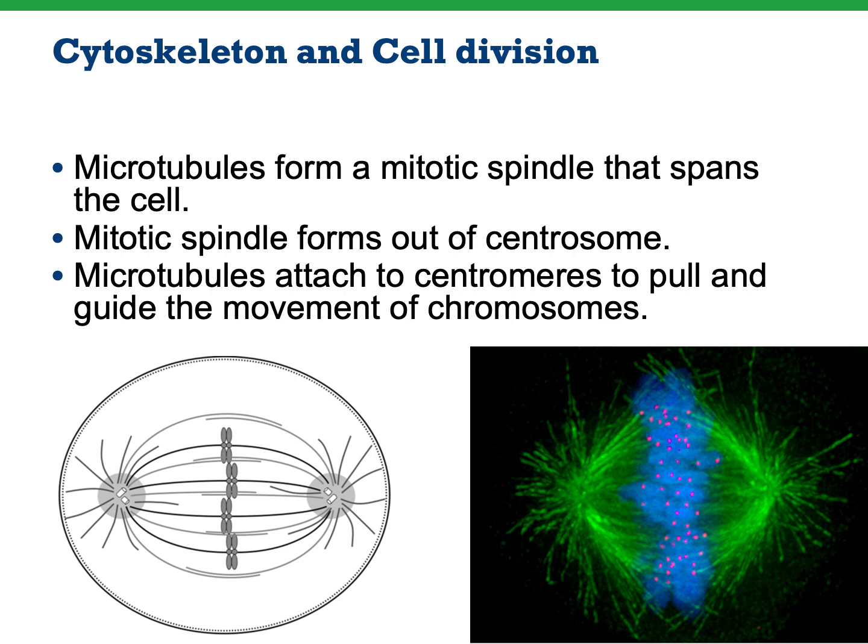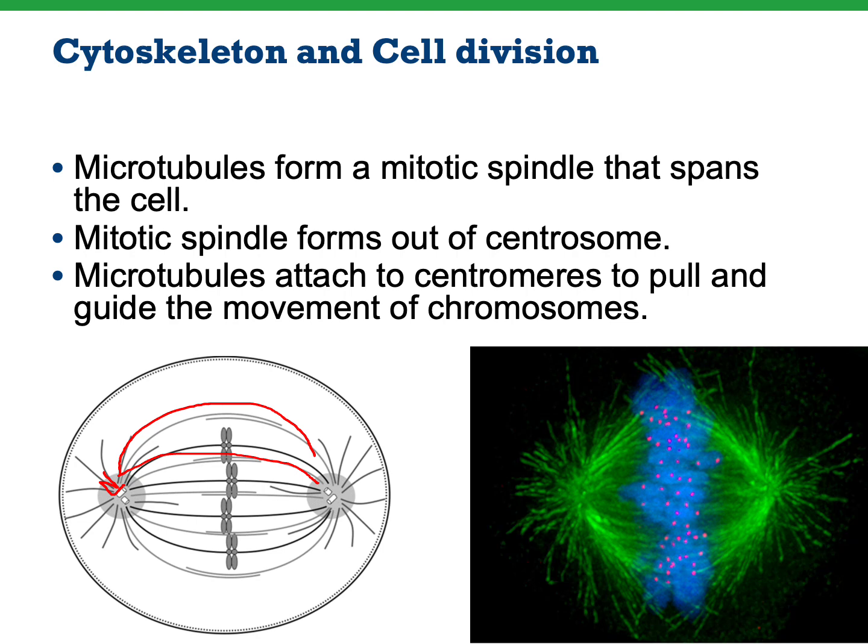All right, so as the cells enter the mitotic phase, the cytoskeleton will begin to divide via the microtubules as they form a mitotic spindle that spans the cell, spanning from centromeres. So here's the mitotic spindle, and here are the centromeres.